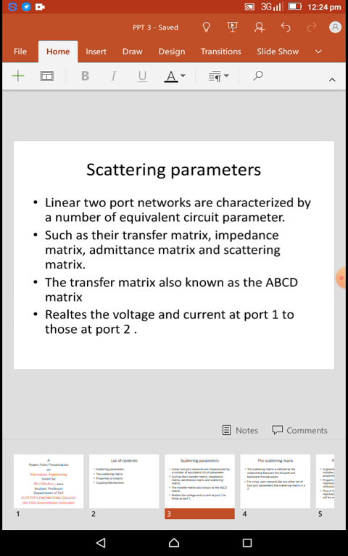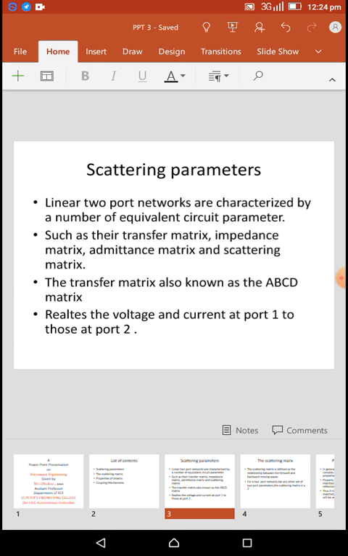Let us assume A1, B1 are the input parameters of your two-port network, which will generate B2, A2 as outputs from the two-port network. If you apply V1 as the input to your two-port network, you get from the output terminal a V2. V2 is nothing but B2 and A2.